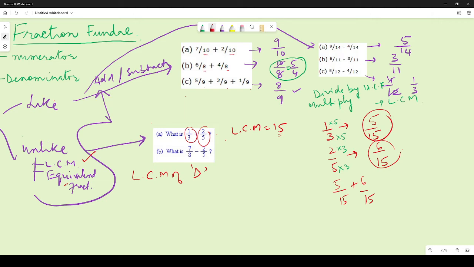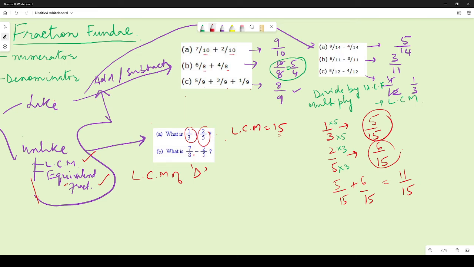So you take out the LCM, convert them into equivalent fractions, and then you move to the third part, you add or subtract just like you do with like fractions. So here you will have 11 by 15. The answer to this will be 11 by 15.